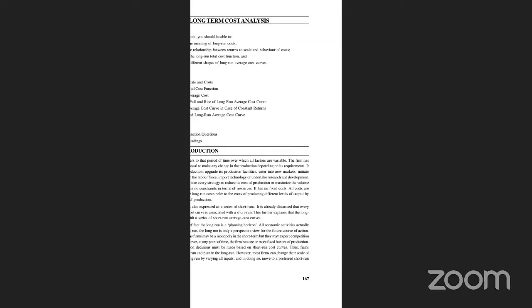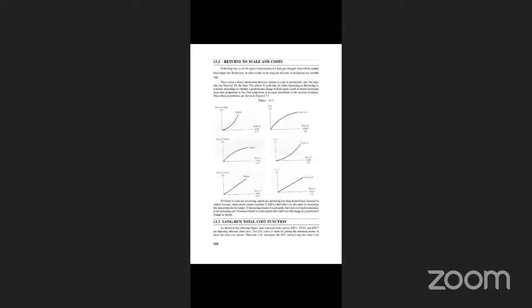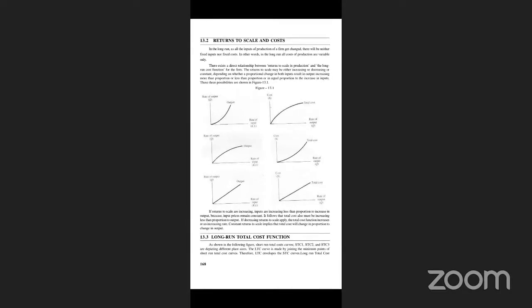Now you see, in the short run there were so many cost curves. Now in the long term analysis, how does the total cost function differ? These are the returns to scale of production. You see, output is plotted on the y-axis and input on the x-axis. In the first curve, 13.1, the total output is increasing, and total cost is increasing at a decreasing rate.